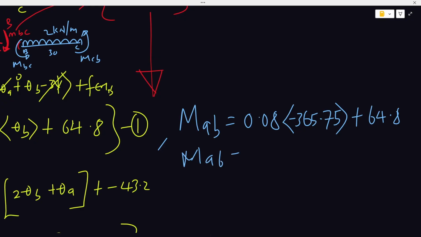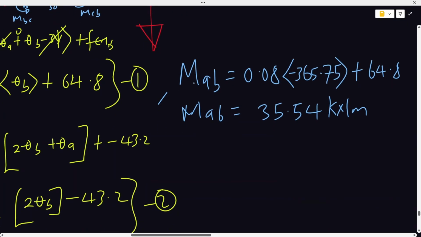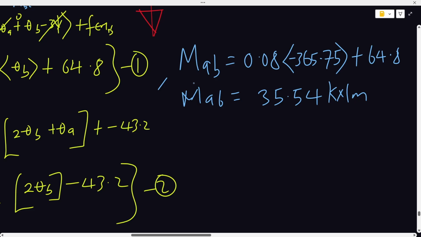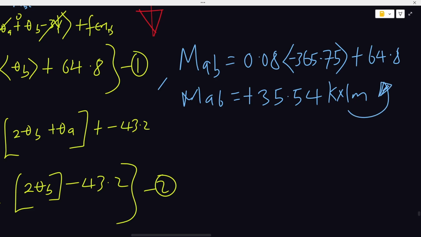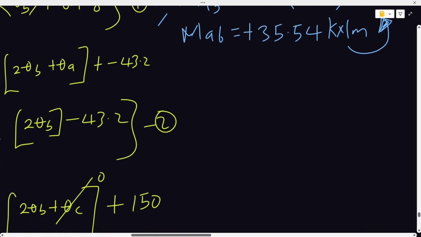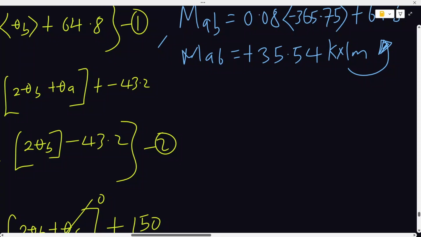MAB would now be equal to, when you get everything, 35.54 kilonewton meter. Of course, since this is positive, it means that what we got here is a counterclockwise moment. Can you now see?